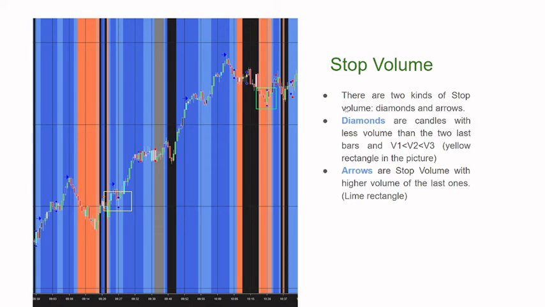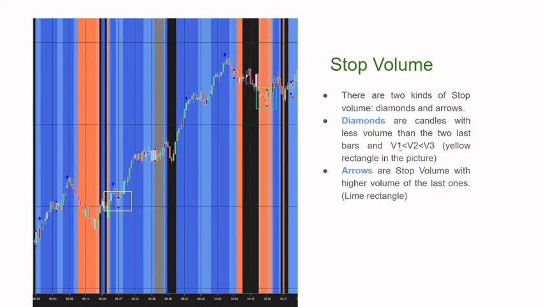We also have stop volume. Stop volume is useful when I trade. It doesn't mean a setup, but the bar itself only says the volume is reducing.